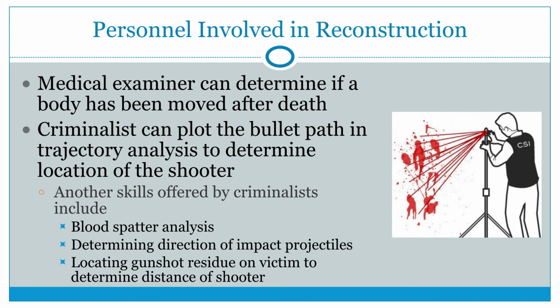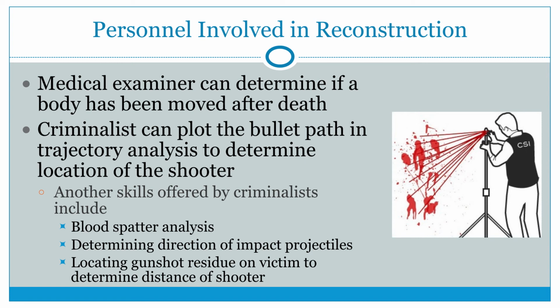Criminalists also have the ability to plot a bullet path in a trajectory analysis in order to help determine the location of a shooter. Other skills offered by criminalists are blood spatter analysis, which is what we will focus on in this chapter.